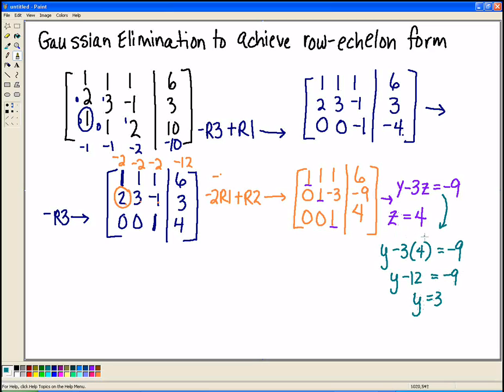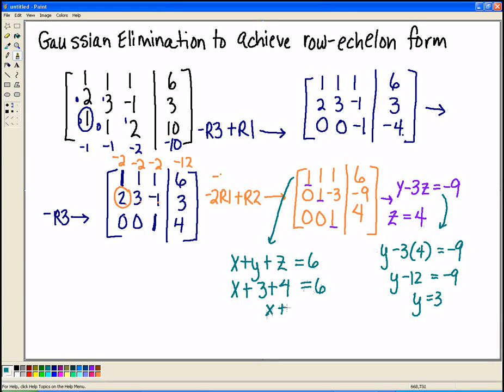So I know that z equals 4, y equals 3, and from this first equation, I know that x plus y plus z should equal 6. So if I plug in and solve for x, I'll get x plus y, I know y is 3, plus z, I know z is 4, is going to equal 6.